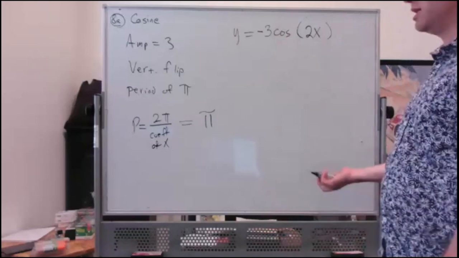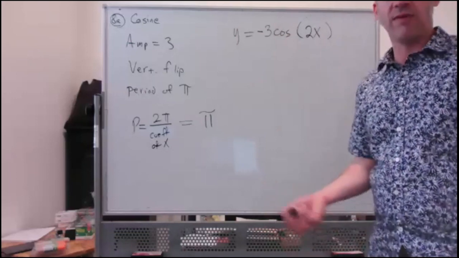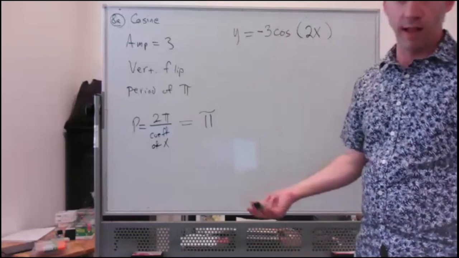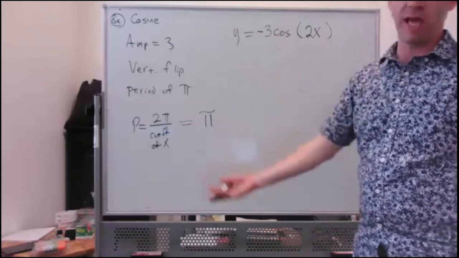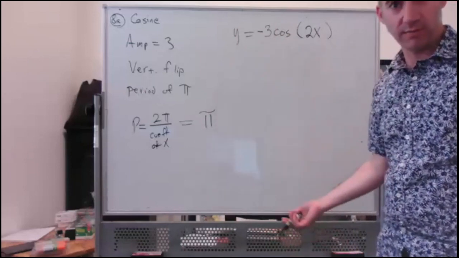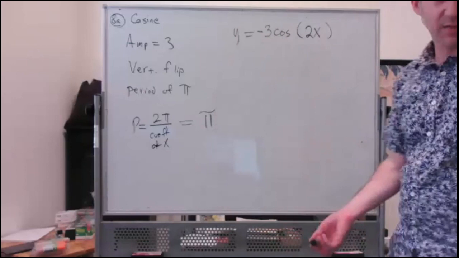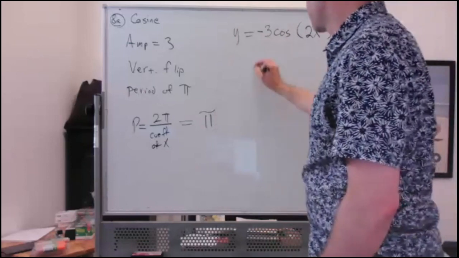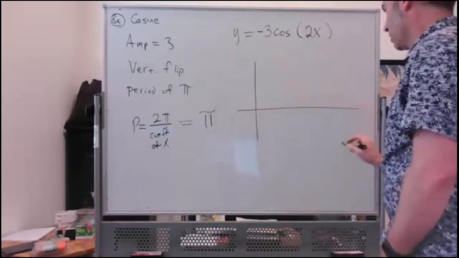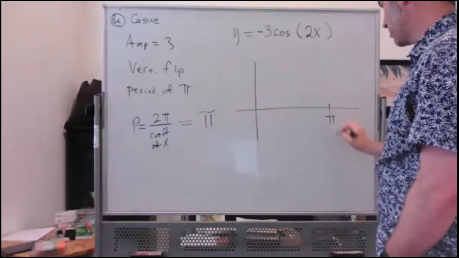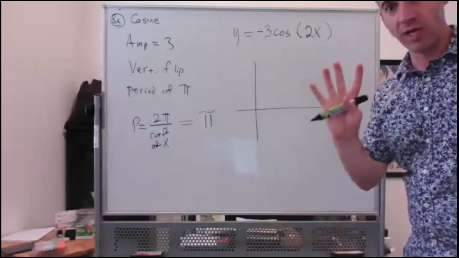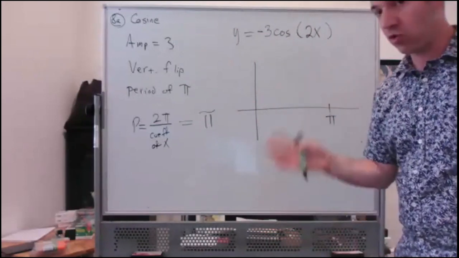And so this question didn't have a vertical shift at all. But if there had been a vertical shift of 1 up, we would add 1, or 2 down, we would subtract 2 at the very end. And then they asked us to graph it. So I'm taking a period of pi. I'm going to cut it up into 4 equal quarters, or 4 equal quadrants.